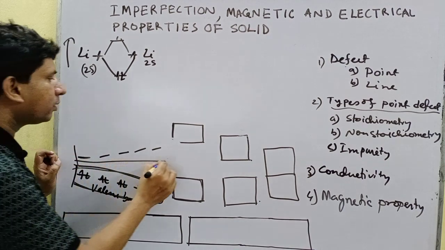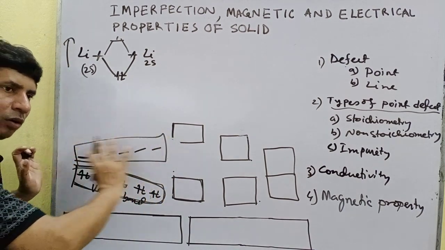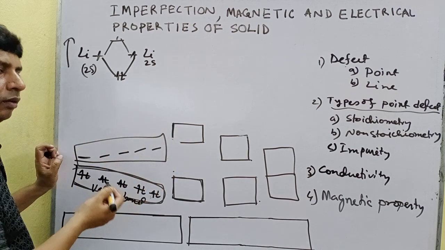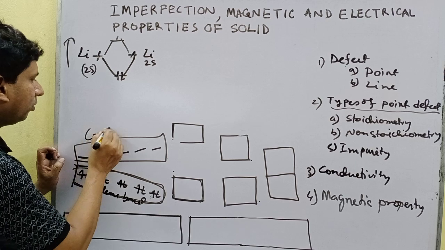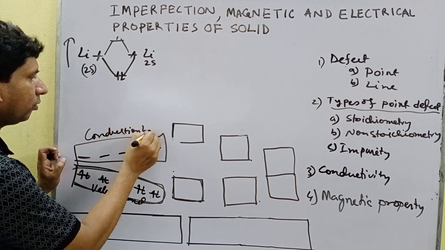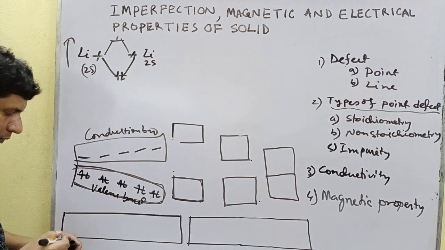And this antibonding orbital totally is known as the conduction band. So this band is here and this band is here.